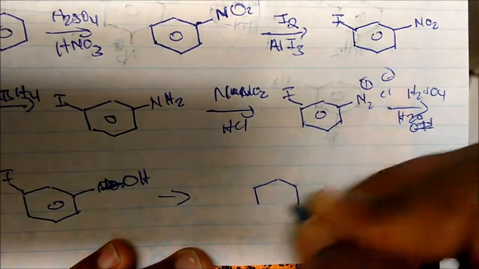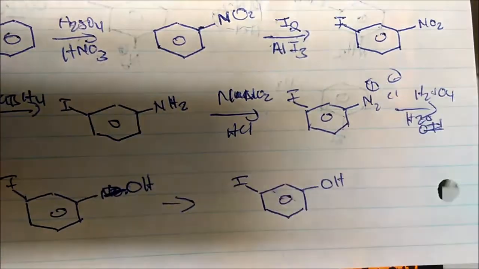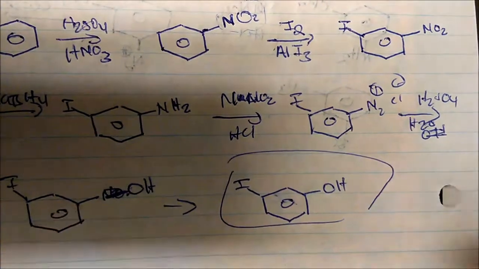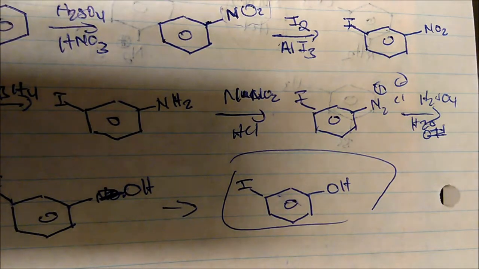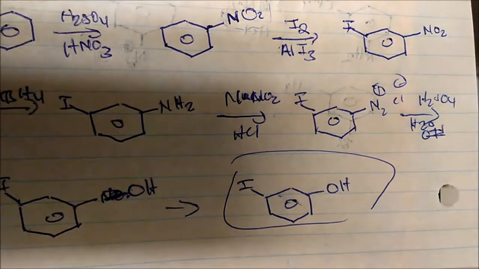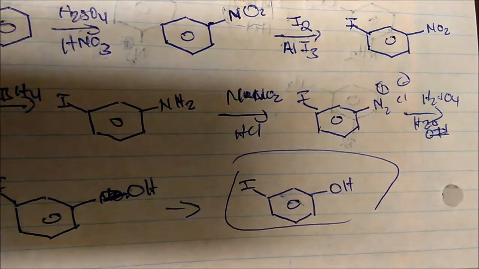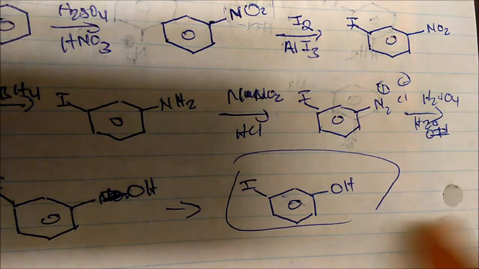We have our OH, and then we have our iodine, which is our desired product. So this is iodophenol. Again, you can see the pattern. Anytime we have ortho-para directors on the benzene ring like this, this is how we deal with it. We deal with it through diazonium salt chemistry.